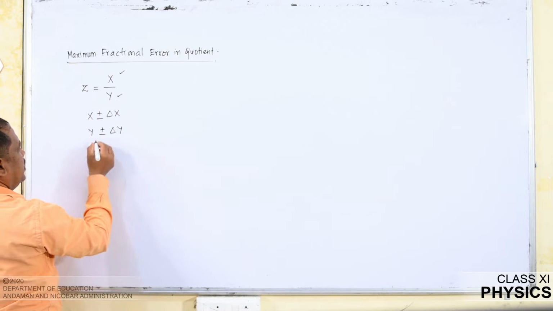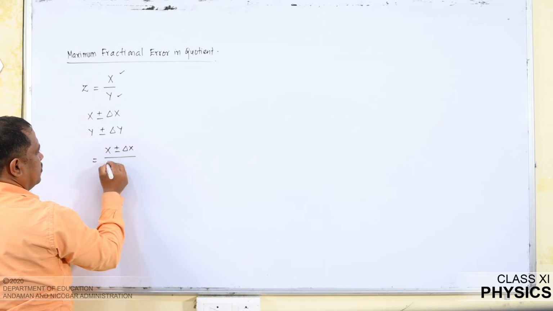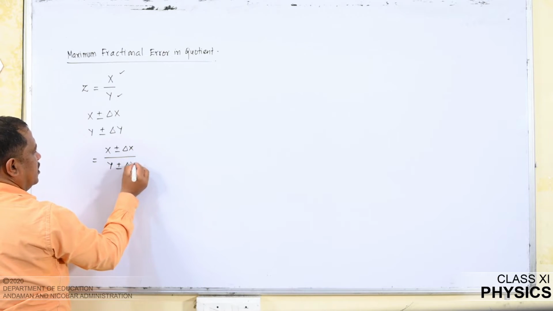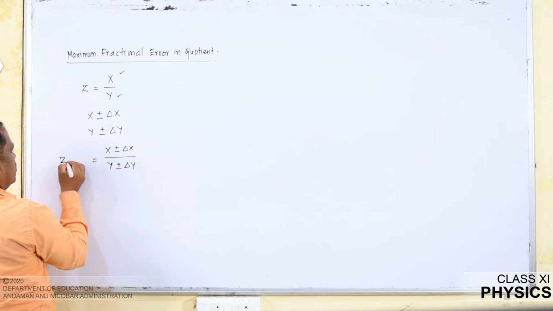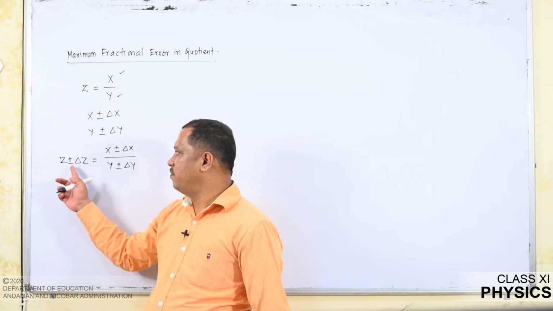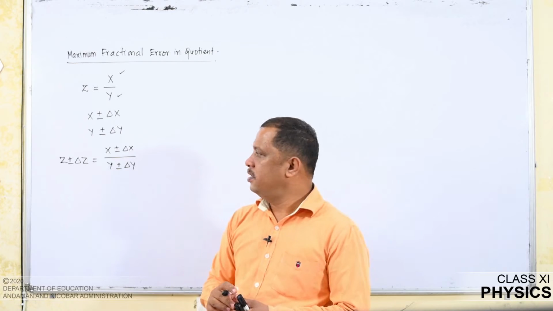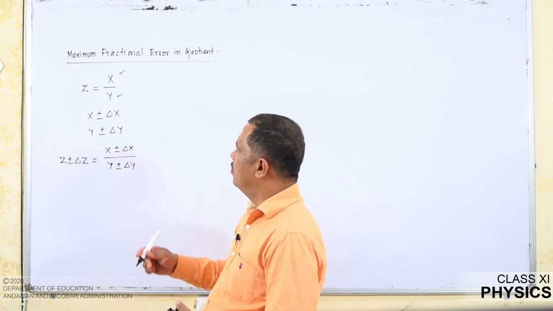So, when I try to find the quotient of the 2 like this, x plus or minus delta x over y plus or minus delta y, I am going to get the final quotient, and this quotient will have some error. I want to find the maximum possible error in the quotient, that too the fractional error.